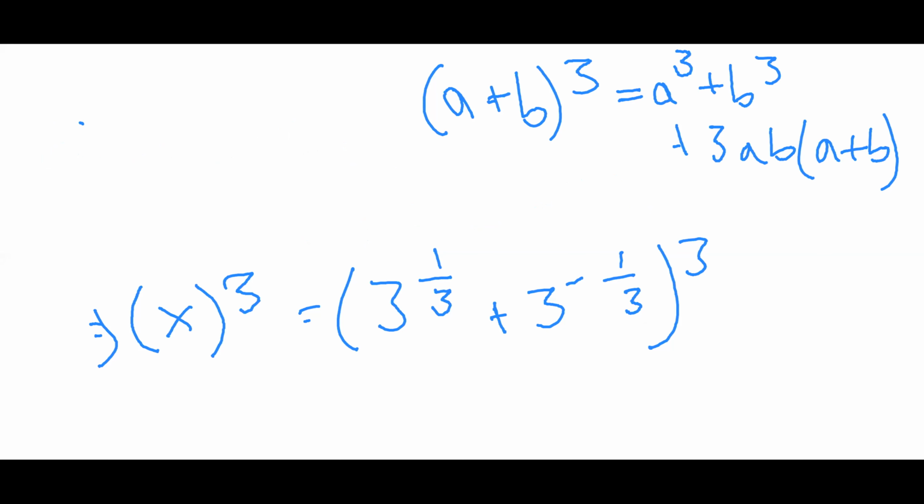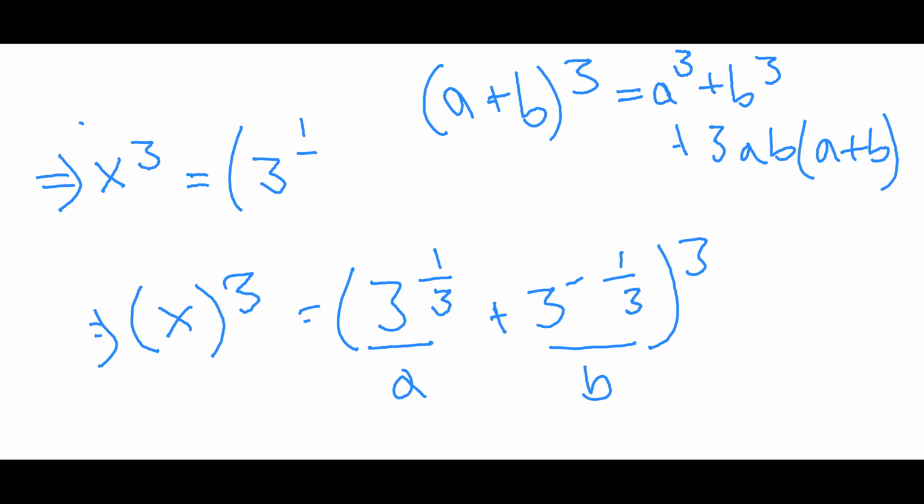I hope you already wrote the previous line. So what will happen? On the left hand side we already have x cube. Then on the right hand side, suppose the first term is a and the second term is b. First you have to take a cube, which means 3 to the power 1 by 3 whole cube.